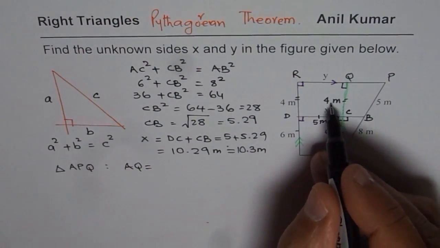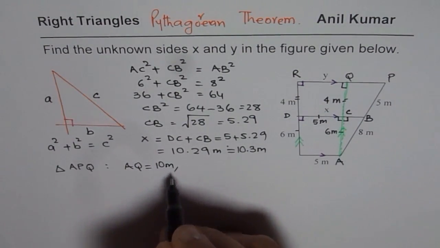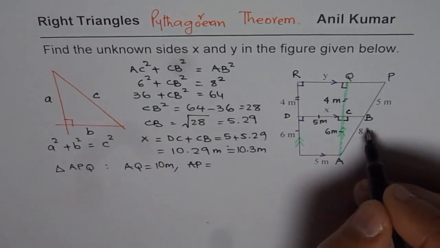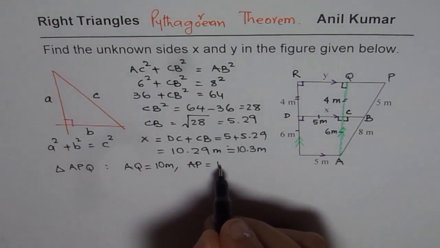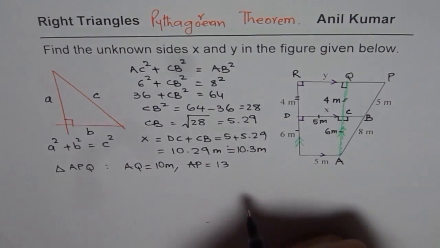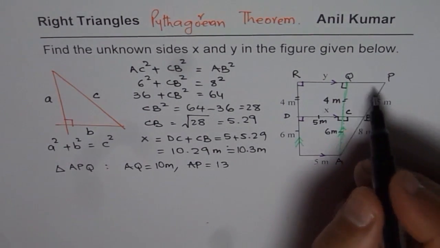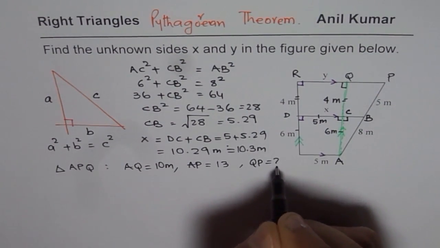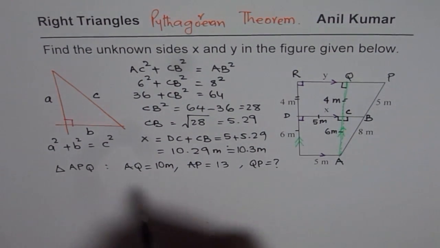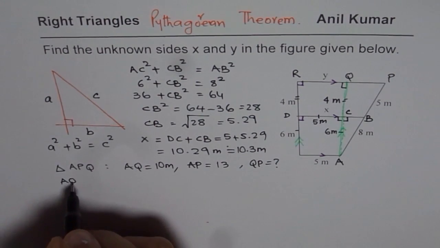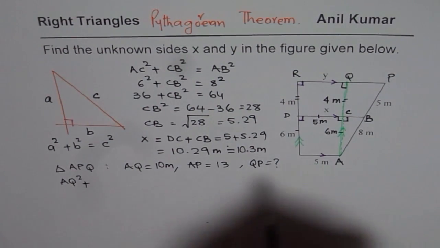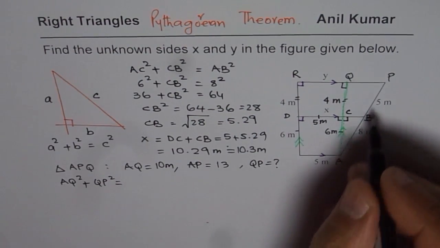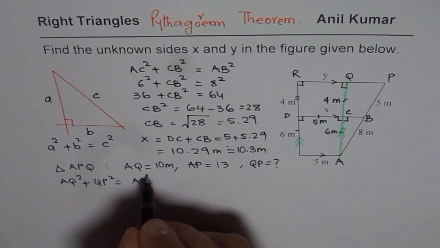is equal to 6 plus 4, 10. Correct? And AP is equal to 8 plus 5, which is 13, right? 8 plus 5. Now we need to find what QP is. So what is QP? So again, use the Pythagorean theorem. So we know AQ square plus QP square is equal to AP square, right?